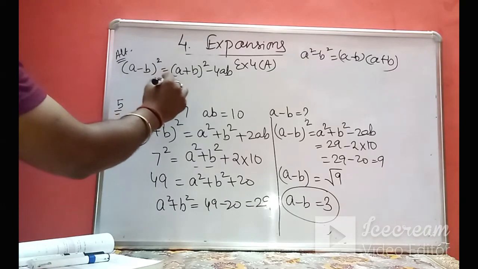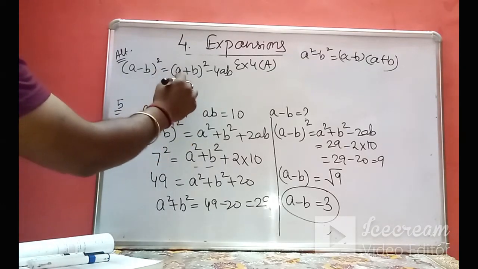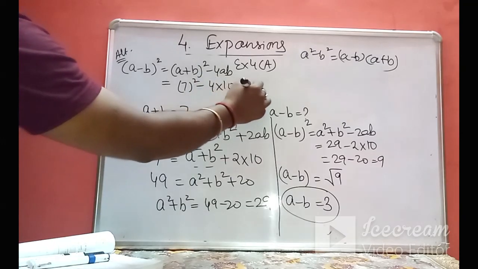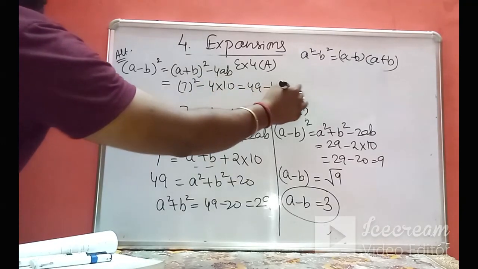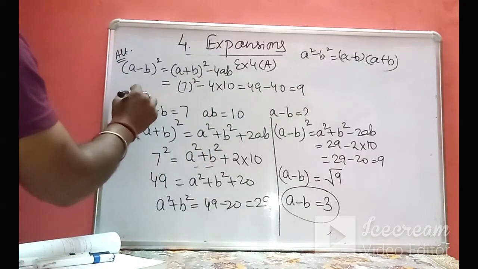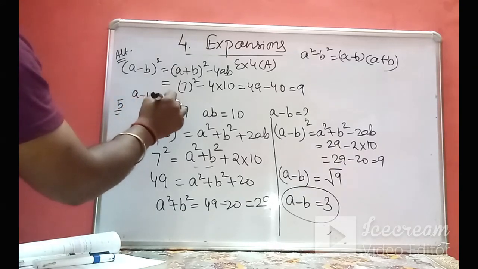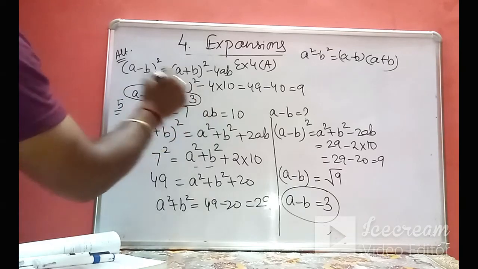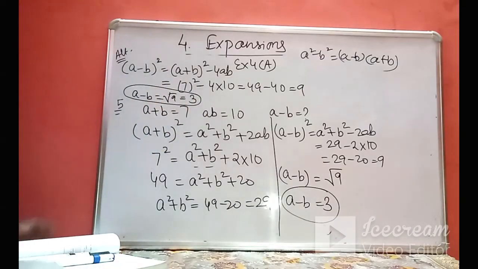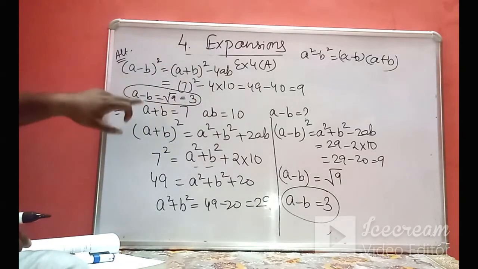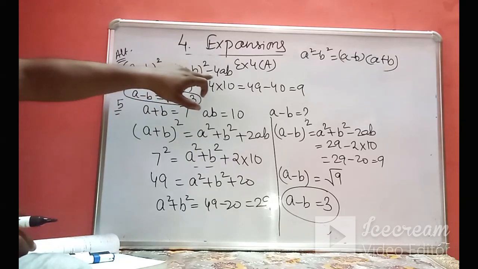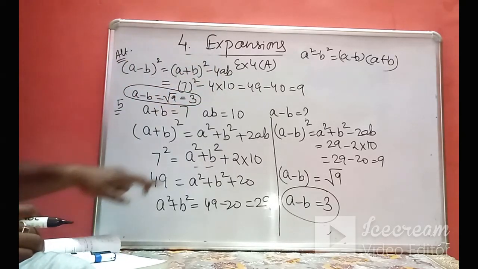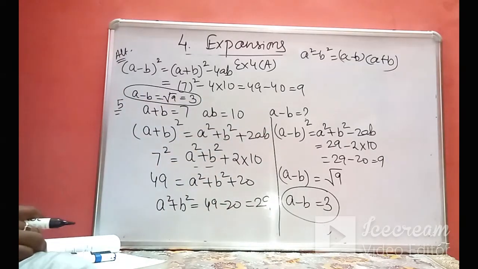So if you remember this identity, then you can very easily and in a very short period of time get the answer. Okay, 49 minus 40, that is 9. So what is a minus b? A minus b is the square root of 9, that is 3. See, in very few steps I got the answer. But for solving this question in this manner, you should have the knowledge of these identities. Otherwise you can solve the questions using the other method also. Understood?